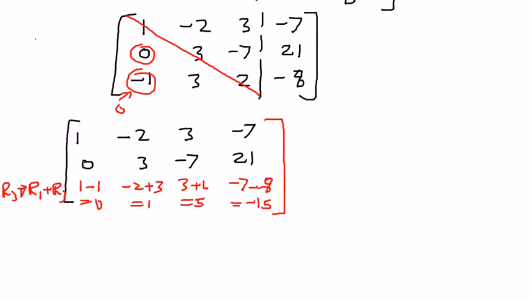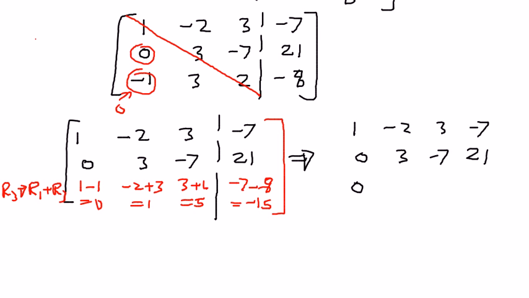If we write it out in a clean manner, we have 1, -2, 3, -7; 0, 3, -7, 21; and then 0, 1, 5, and -15. So this is what we got.